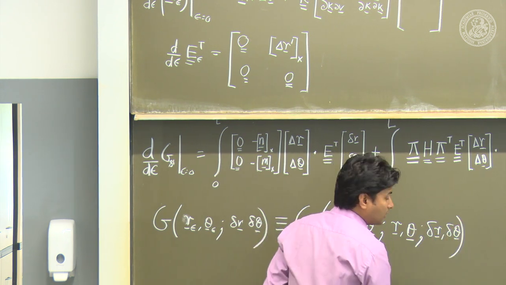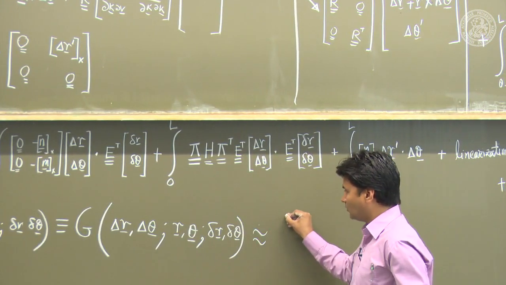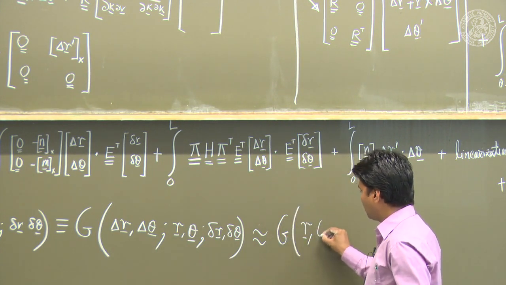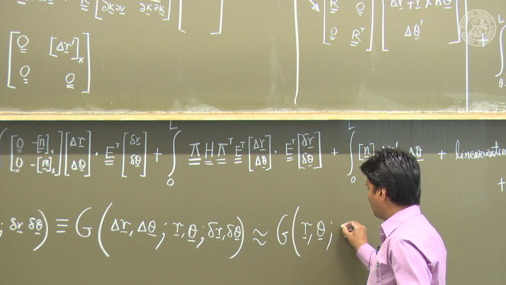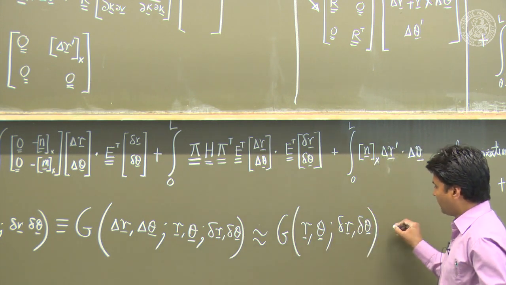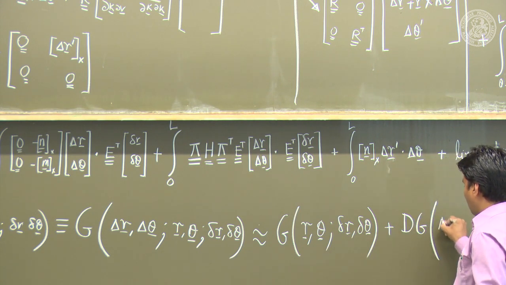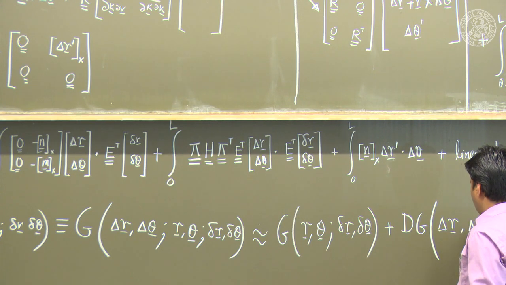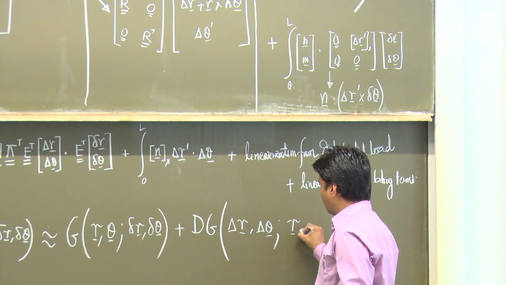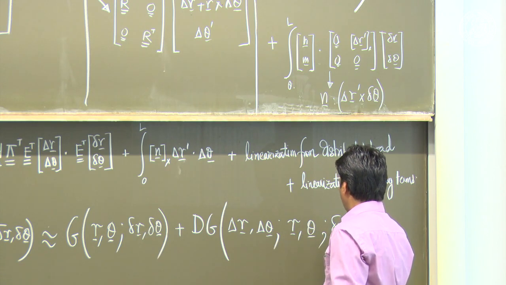I'll just tell you what I'm writing here, which is approximately equal to G at little r little theta, del r del theta, plus your dG of delta r delta theta, at little r little theta, del r del theta.